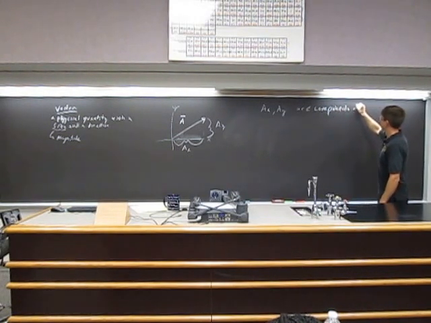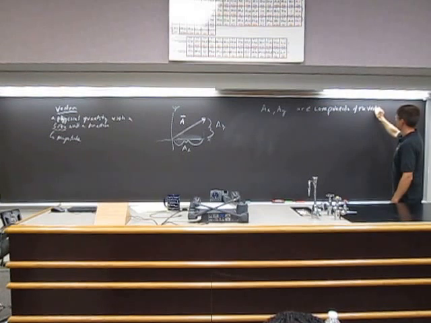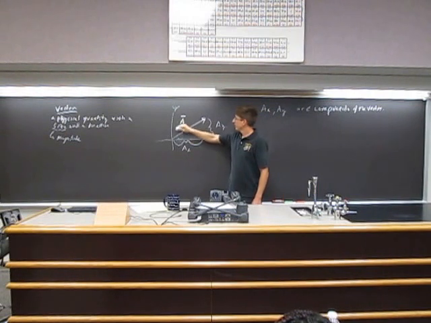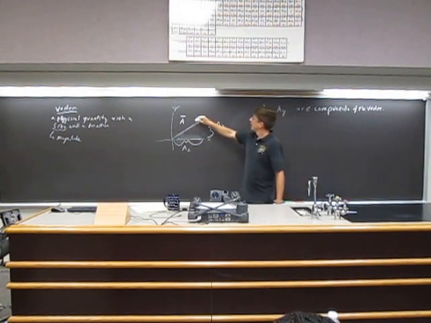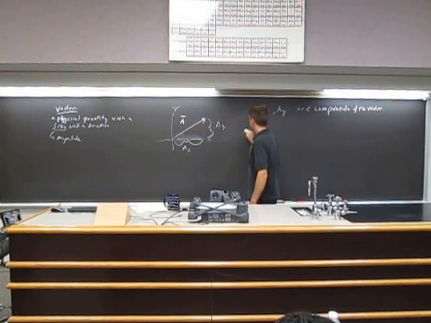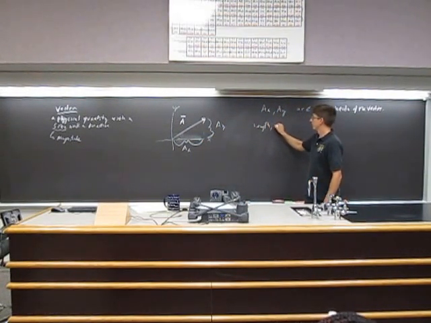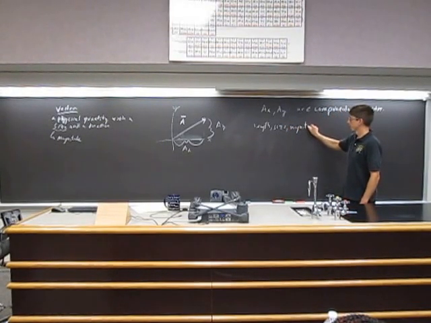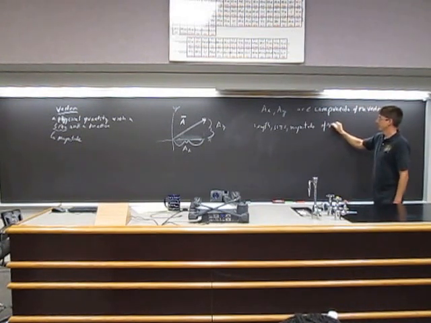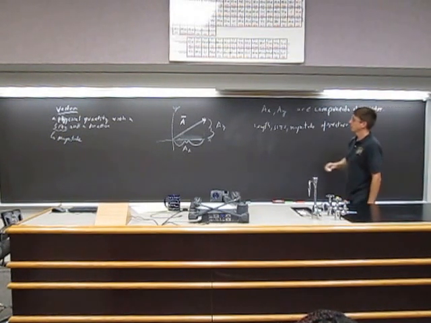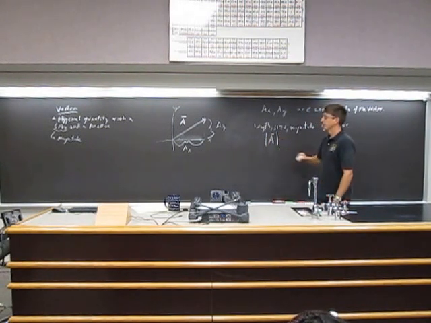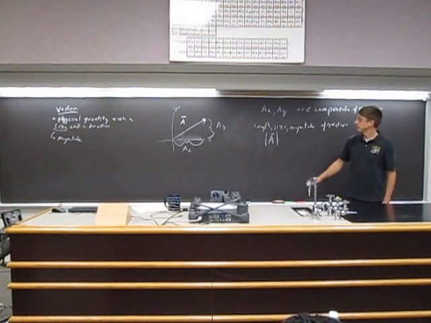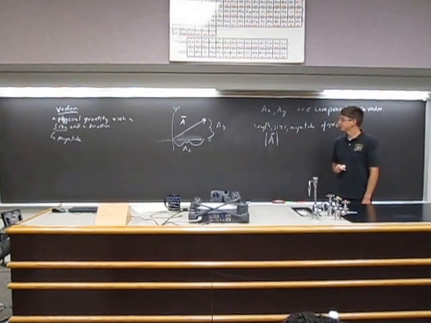If I'm talking about the size of the vector, I can say that the total length, or size, or magnitude of the vector, we'll write it as absolute value of A, or modulus of A, or magnitude of A, any of those things.